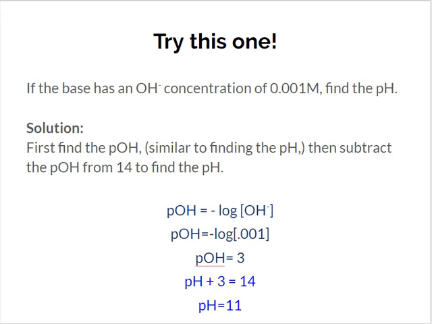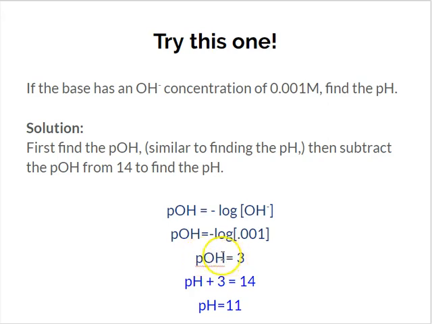If we wanted to find the pH, we have to keep in mind a couple of things. We know that pOH is the negative log of the hydroxide ion concentration. So if we plug into our calculator the negative log of 0.001, or you could put in 10 to the negative 3rd power, you would get a pOH of 3. This is not the same as pH.